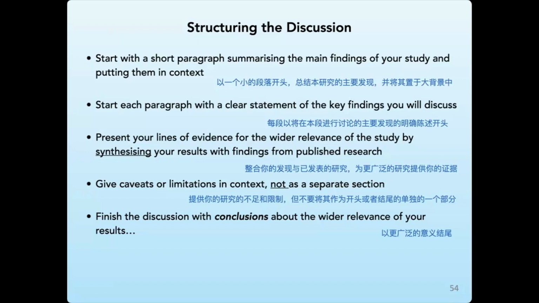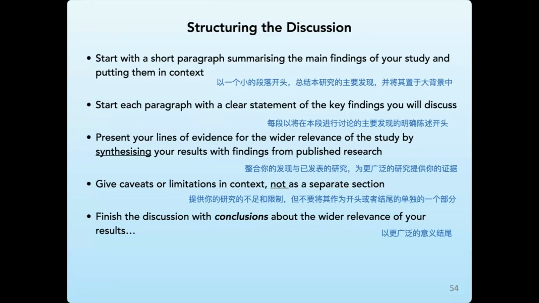Instead, you want to give your limitations in context and then give the reader confidence that despite those limitations, your results are solid, your results are sound. And you can only do that if you put them in context and not in a separate section.